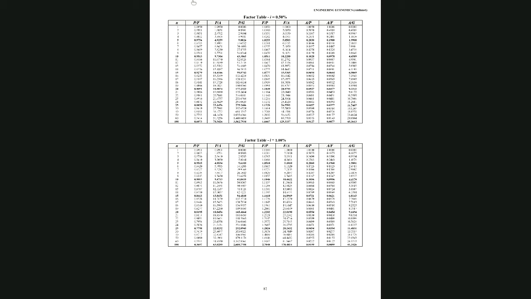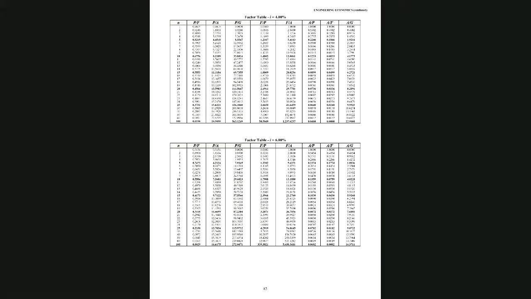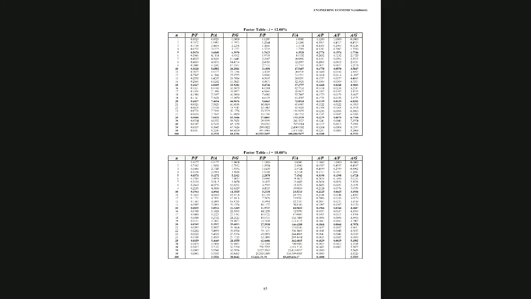So the first thing that you have to do is find the percentage or the interest rate that is requested. In our case, we had 20, so we scroll down until we find 20. Okay, this table is for 18, I believe there is another table.